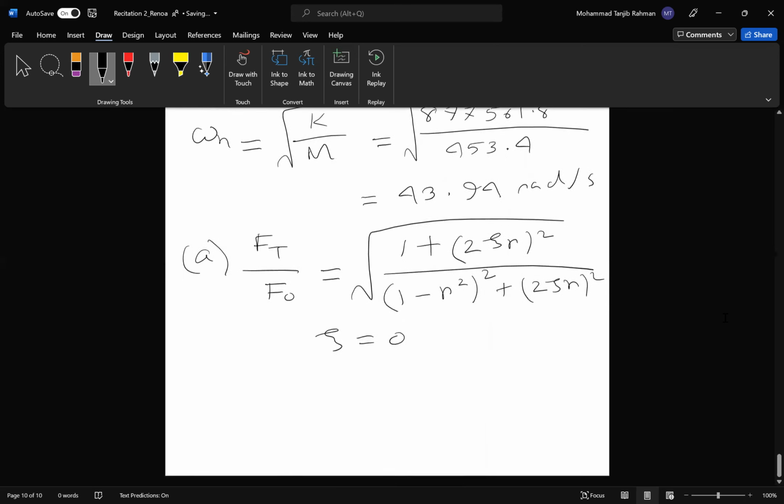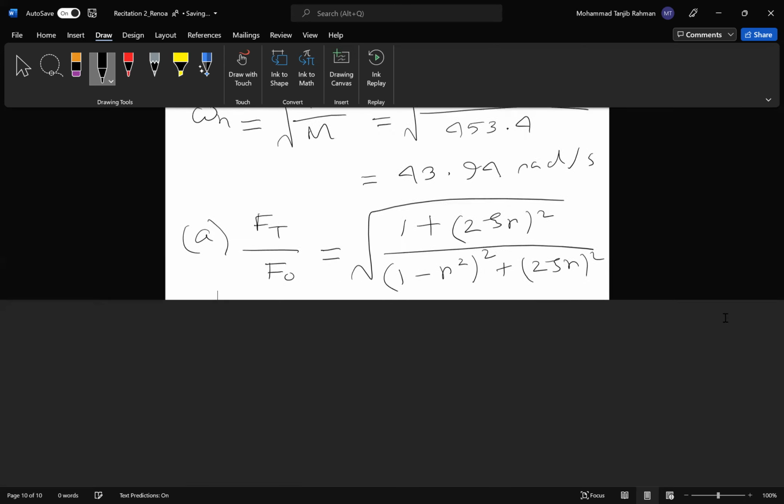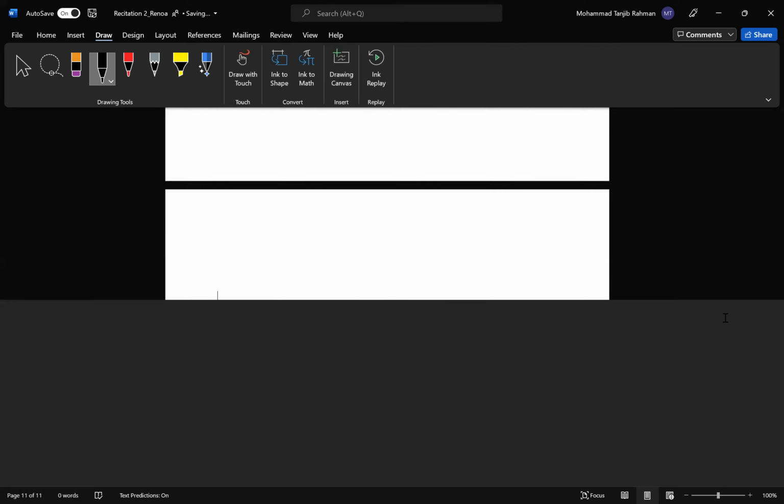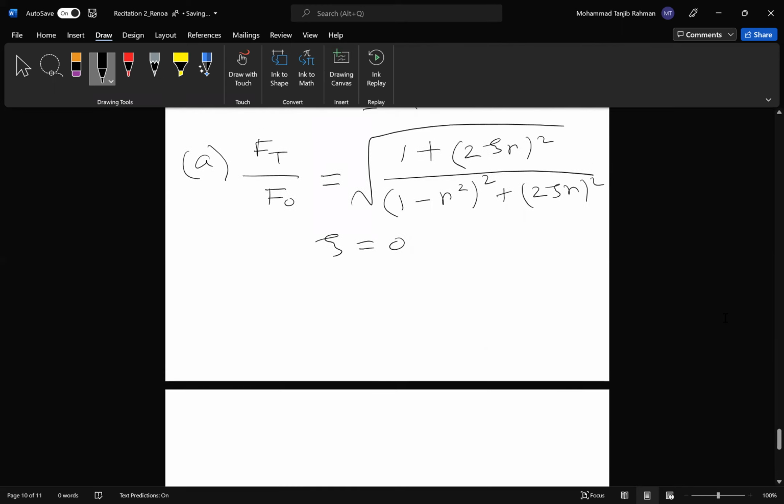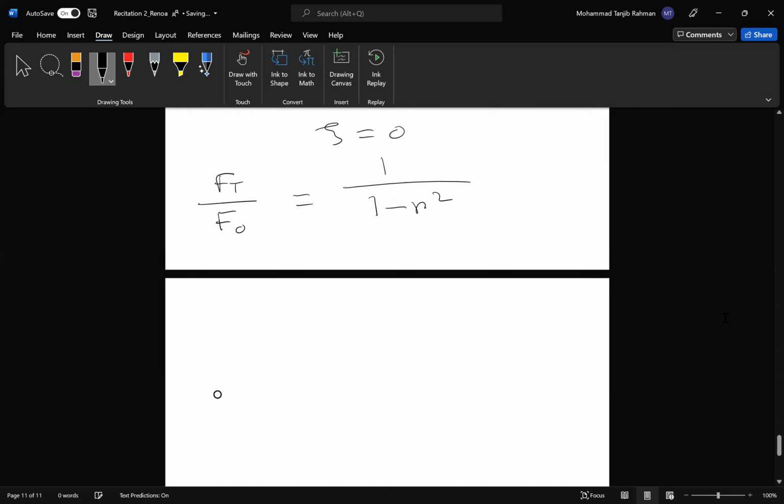So then the equation will become Ft by F naught equals 1 into 1 divided by 1 minus r square. So Ft would be F naught times modulus of 1 over 1 minus r square.